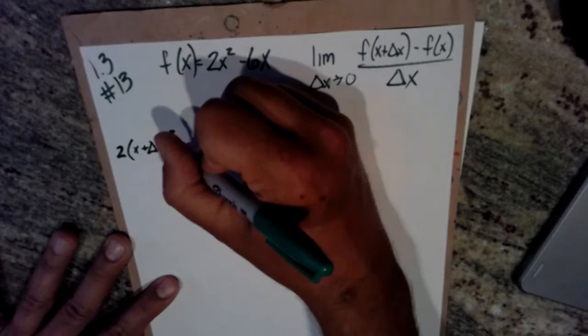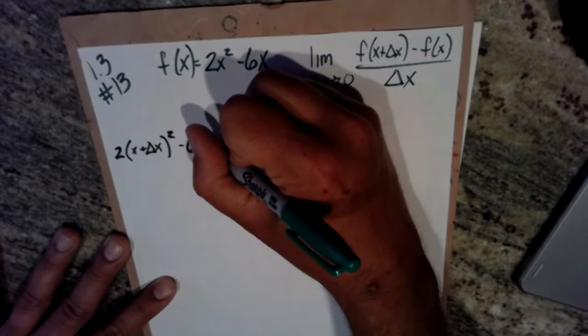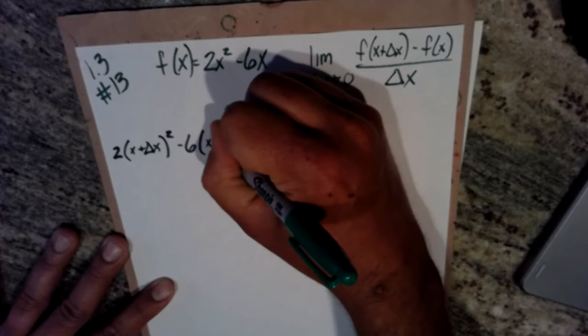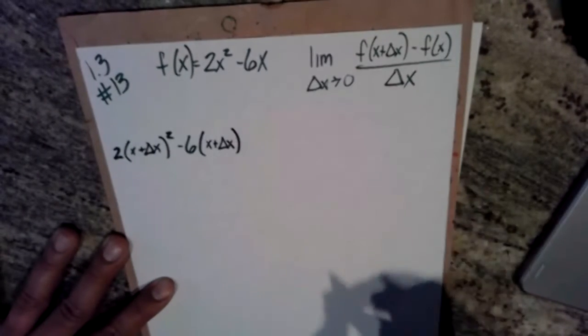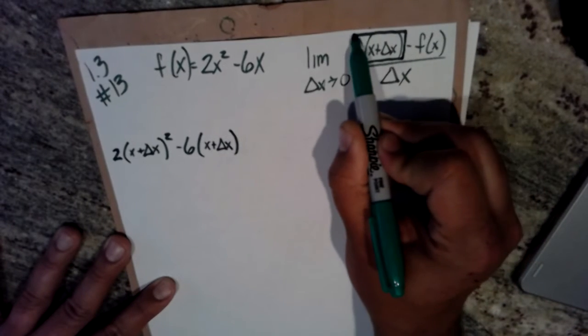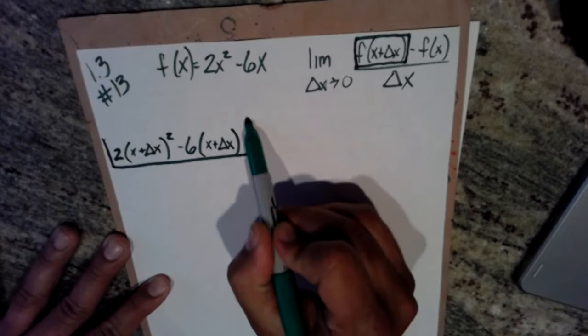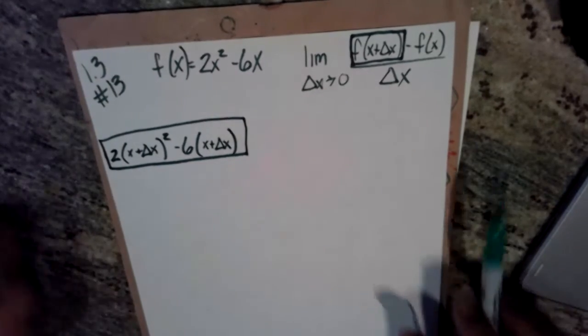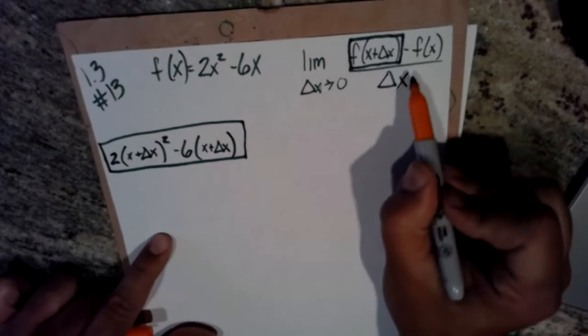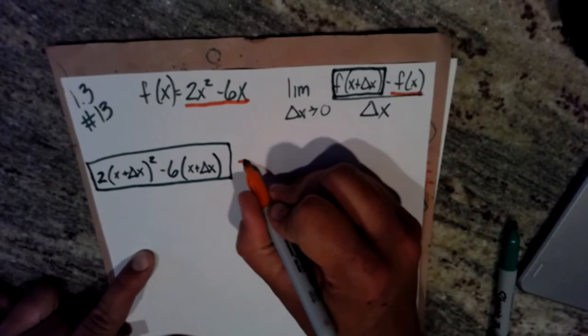And then we got to also do minus 6 times, instead of x, x plus delta x. Okay? So this is now this. Okay? Now, what was f of x? Well, f of x is just this. So we need to do minus.